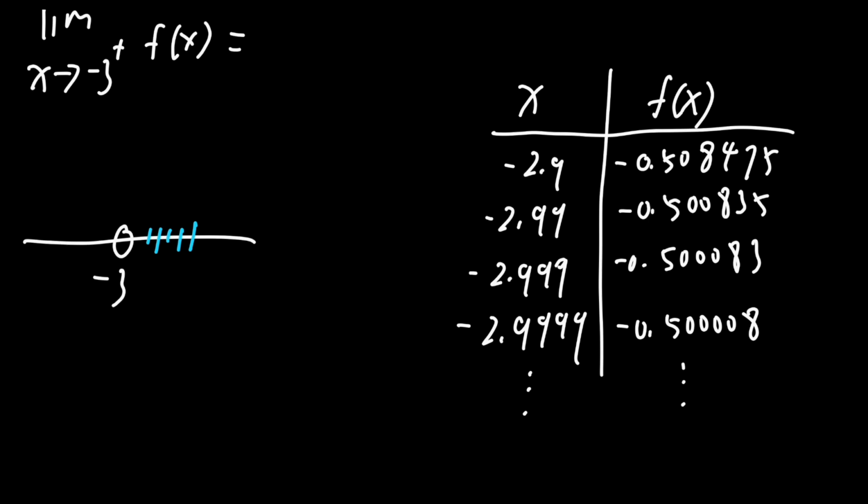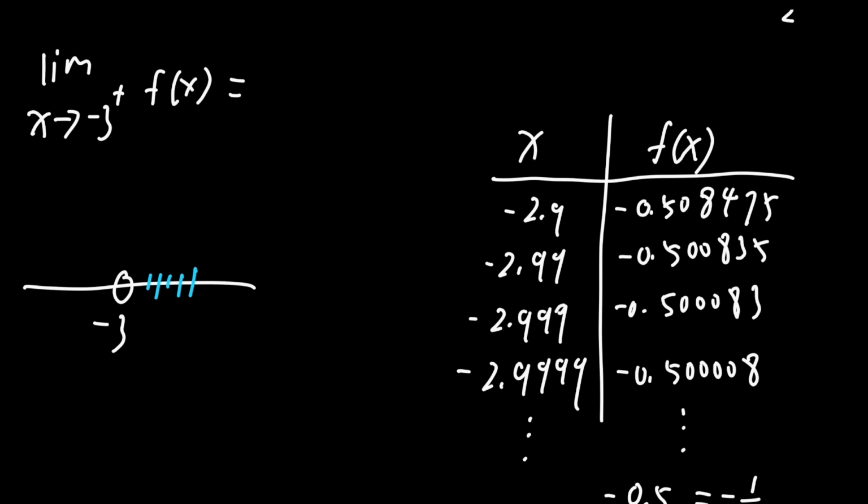To help it a bit, here's a 5, here's a 0, so we'll round it to -0.5, which is negative 1/2. And that's the answer for this one-sided limit from the right-hand side.